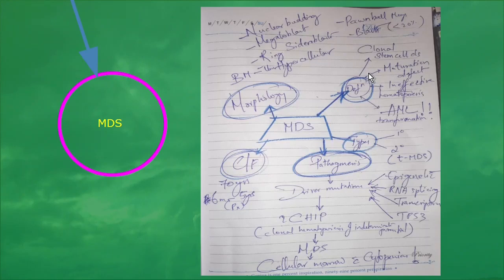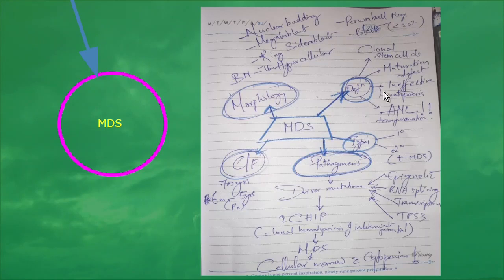By definition, myelodysplastic syndrome is caused due to a clonal stem cell disease where the cells have a maturation defect. So there is ineffective hematopoiesis, and any of the MDS can convert into an acute myeloid leukemia.